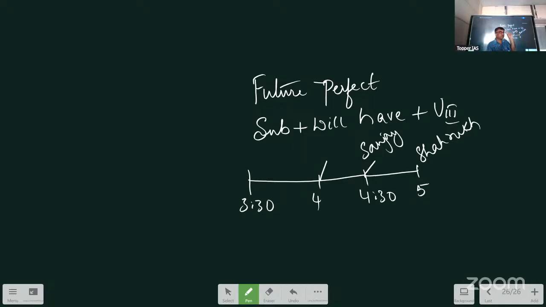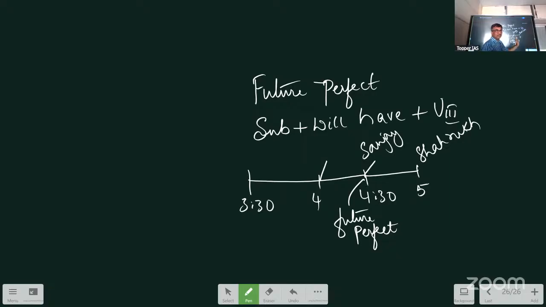How do I club it into one sentence? As we did for past, let us do the same here, but with a little difference. The first action must be in future perfect. So how will I write this? Sanjay will have reached home at 4:30. That means by 4:15 Sanjay will have reached home.